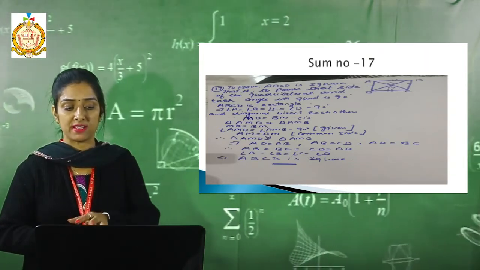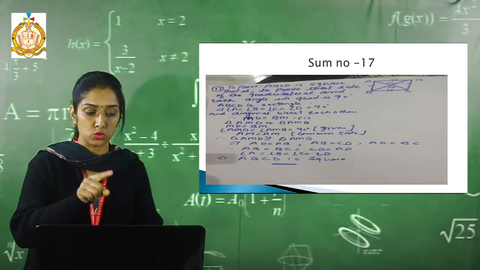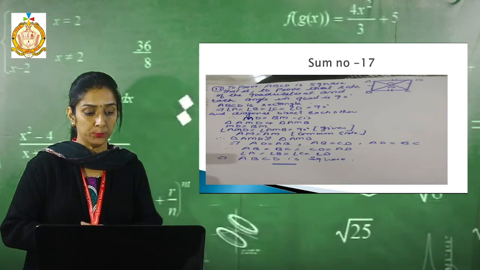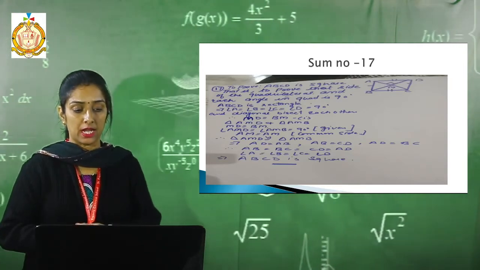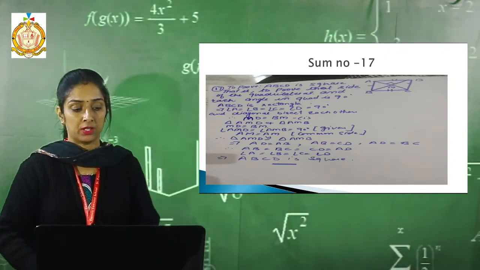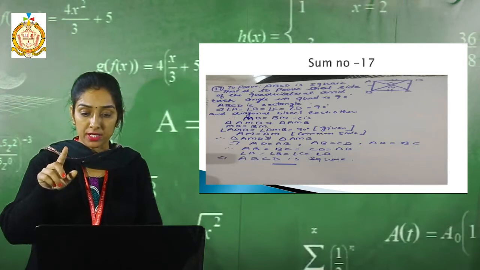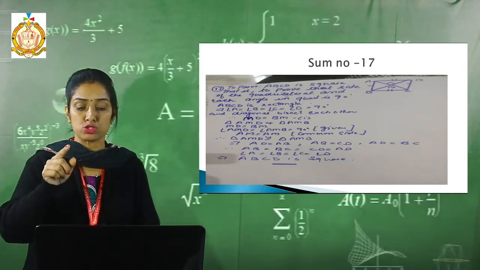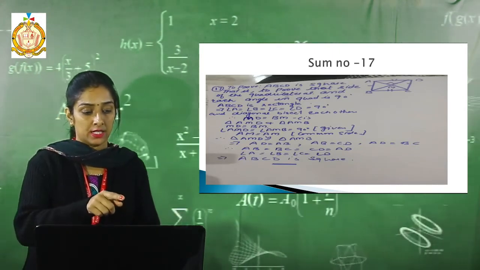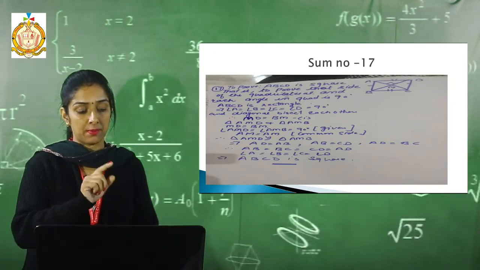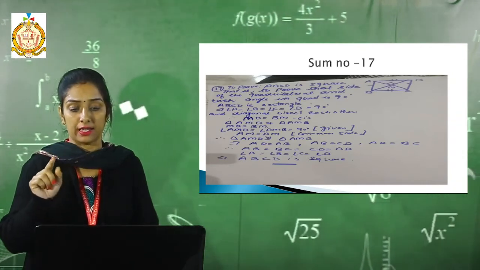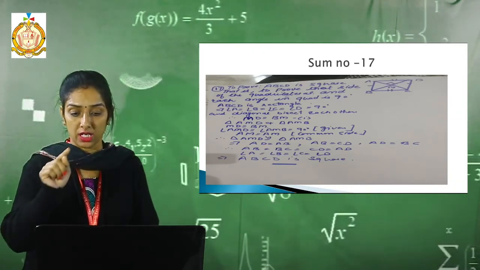Now see, the diagonals bisect each other. Firstly we take 2 triangles, that is AMD and AMB. Now here MD is equal to BM and angle AMD is equal to angle AMB.